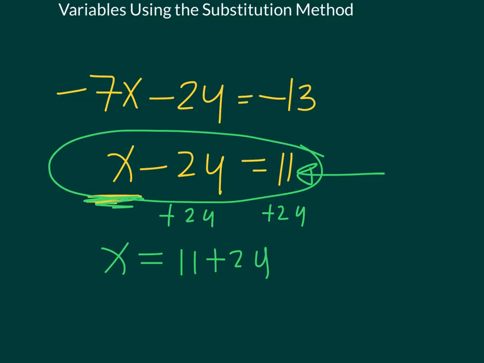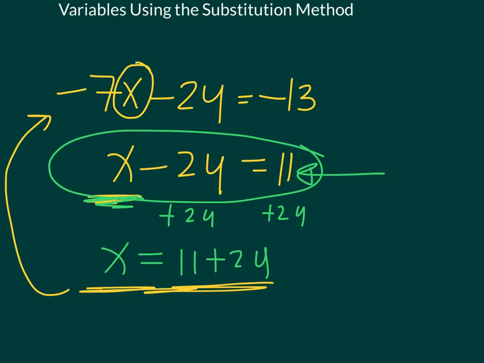So once you have isolated the x, you will substitute this value of x into the first equation, or one of the equations, because we used the second. So this x here will be replaced by 11 plus 2y. That is why it is called the substitution method, because we are substituting an expression for one of the variables in the other equation.